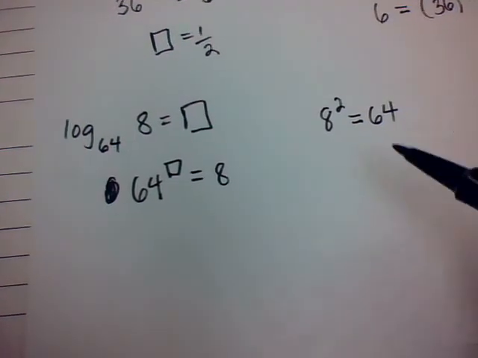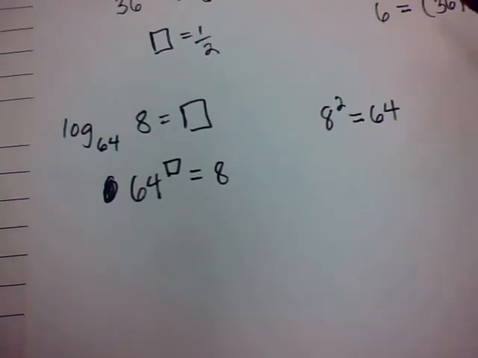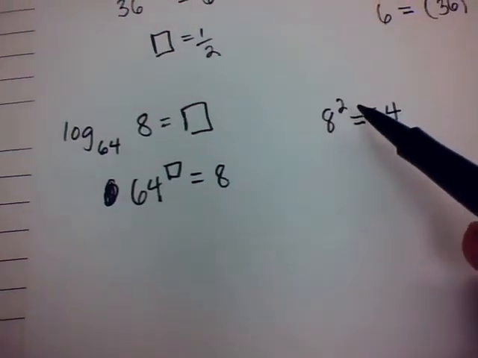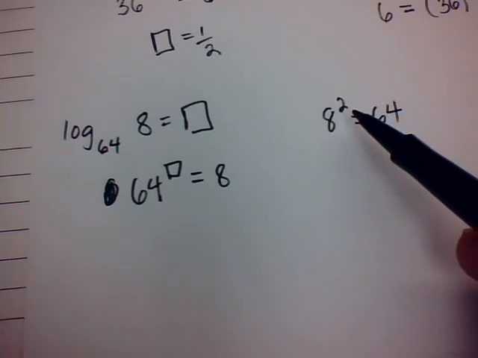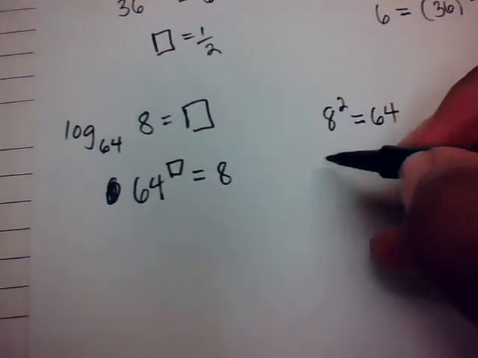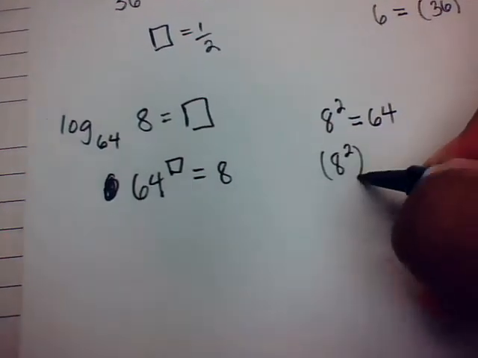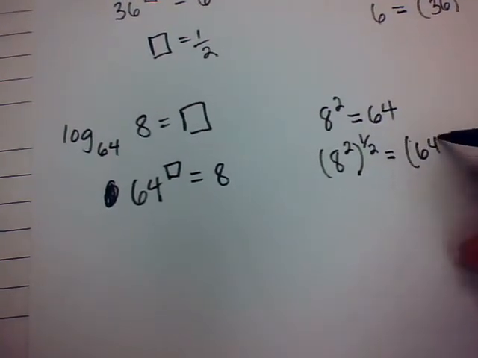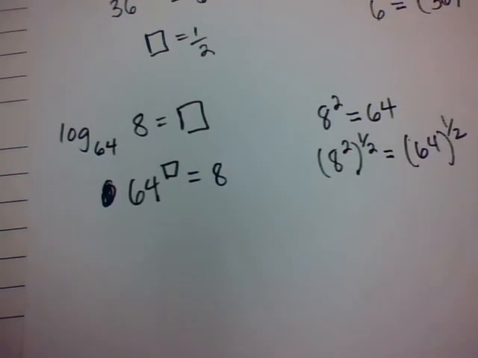Okay? Now I'm going to do this the same way that I did the last example. Make that 8 to the second into 8 to the first power. The reciprocal of 2 is, again, 1/2. So I'm going to take 8 to the second, raise it to the 1/2, and then I'm going to take 64 and raise that to the 1/2.